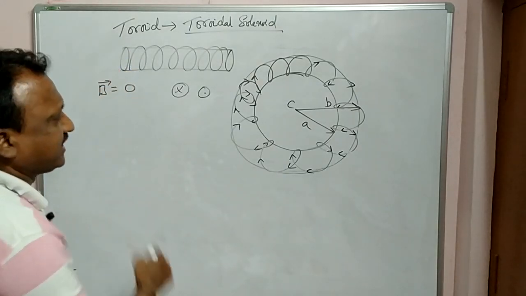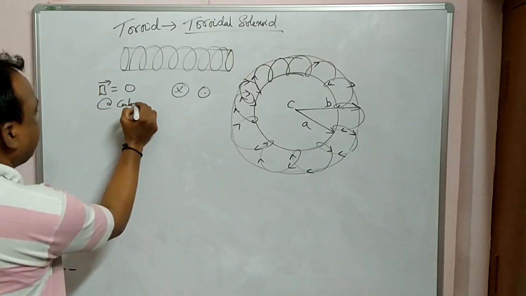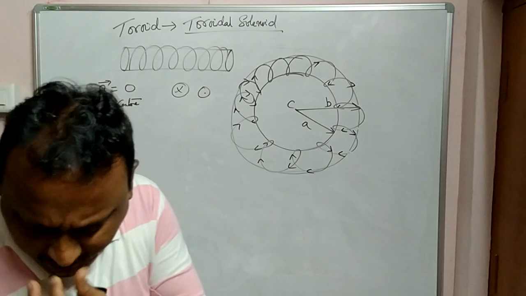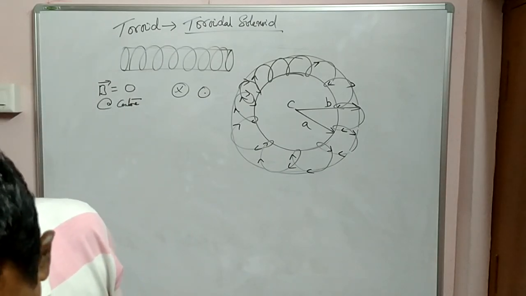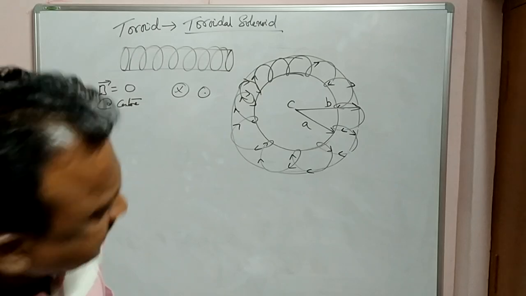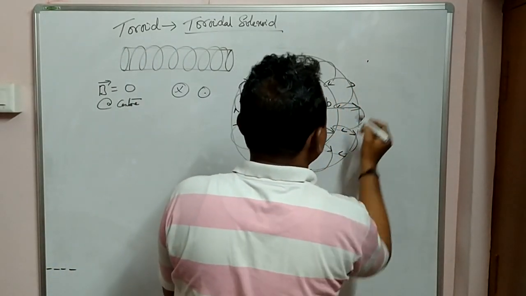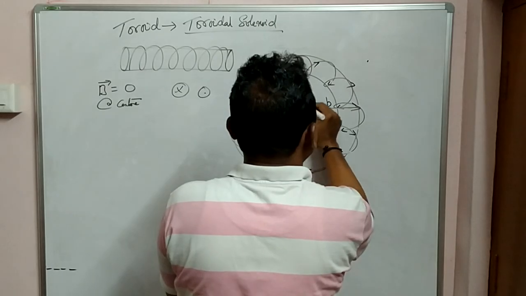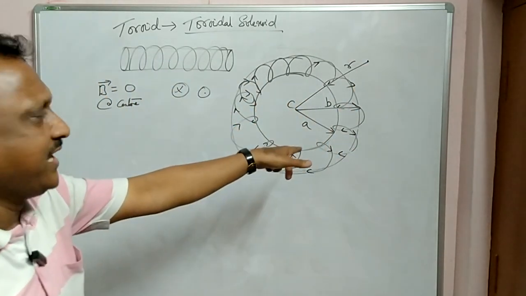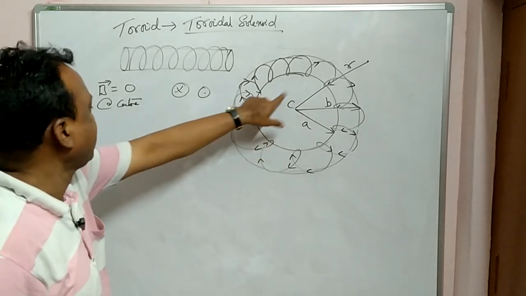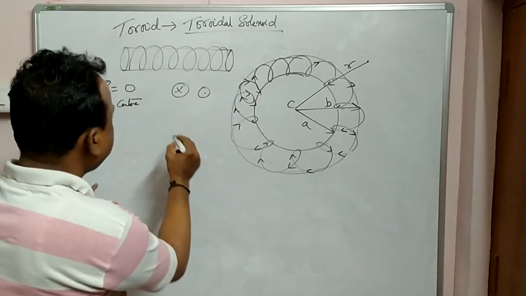Even if you take a point outside, there is no current inside that radius, it is completely vacant, so B is 0.